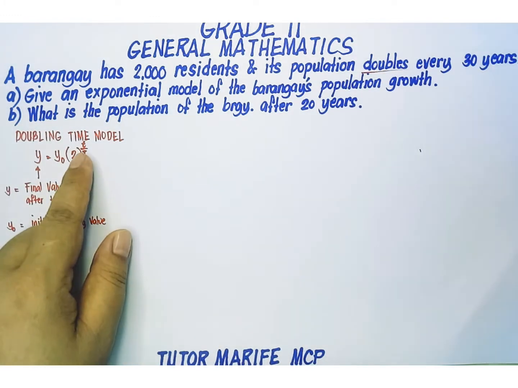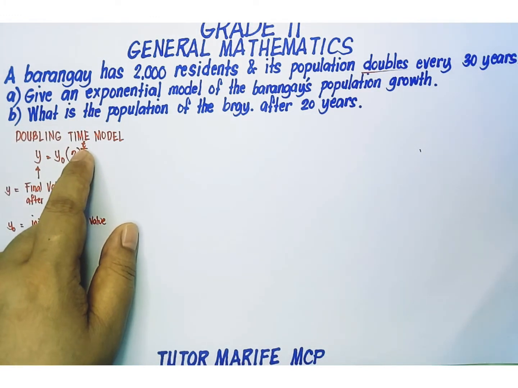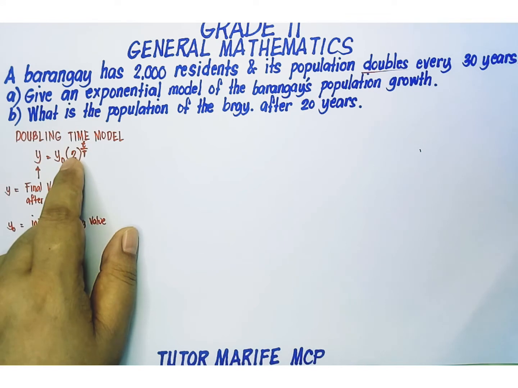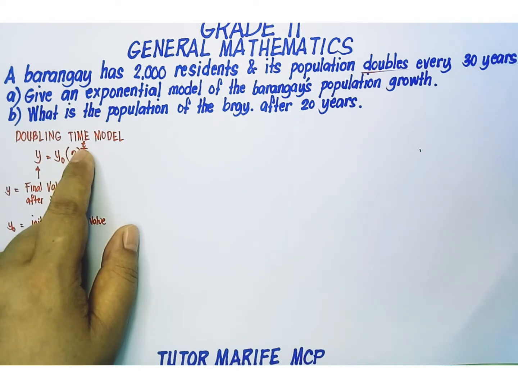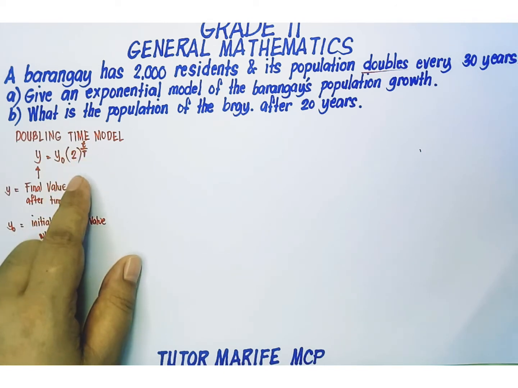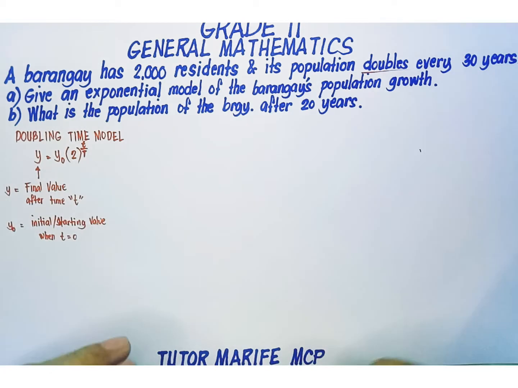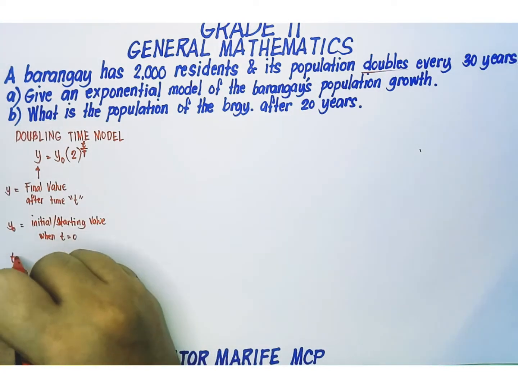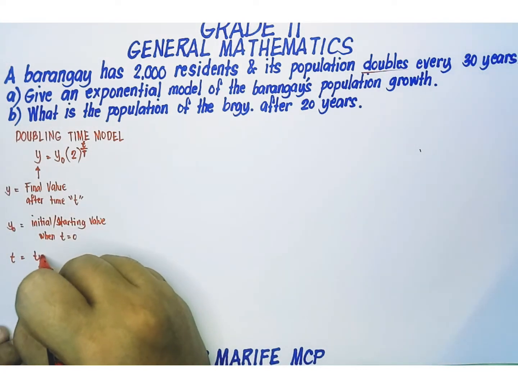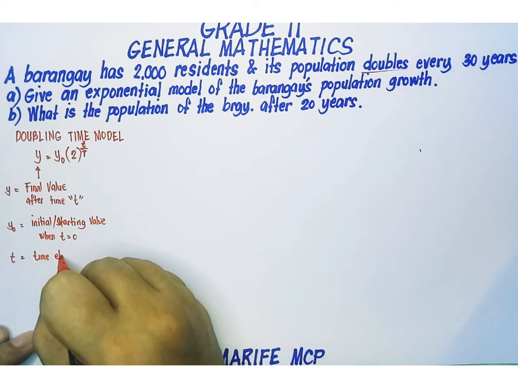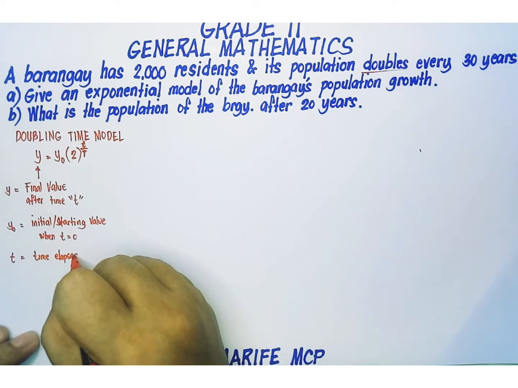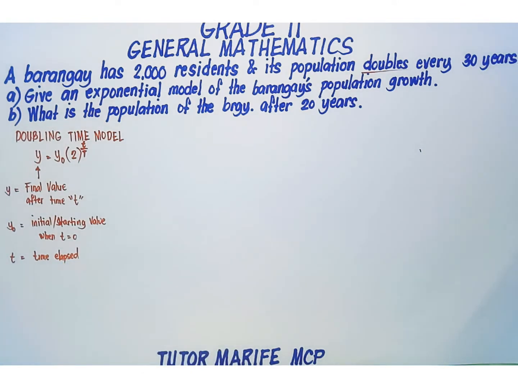Okay. So, itong t dito, parang small letter t sa exponent ng base 2 is the time elapsed. Ilan yung time na lilipas. So t is the time elapsed or time that had passed. Okay?